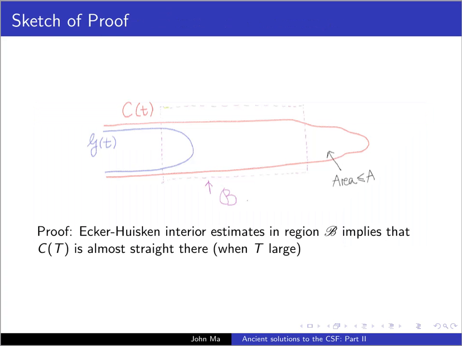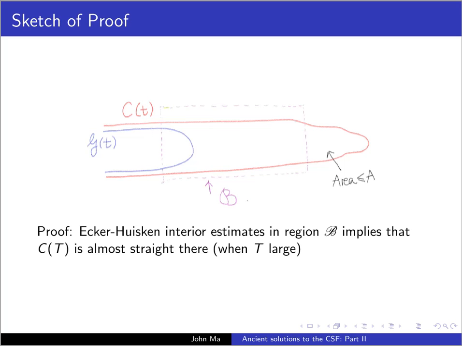I'll use this picture to describe how the proof goes. This is an illustration of the situation where you have the grim ripple G_T, and the red line is your solution C_T.